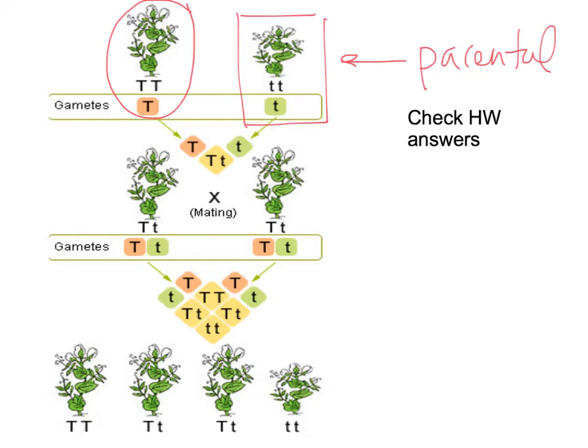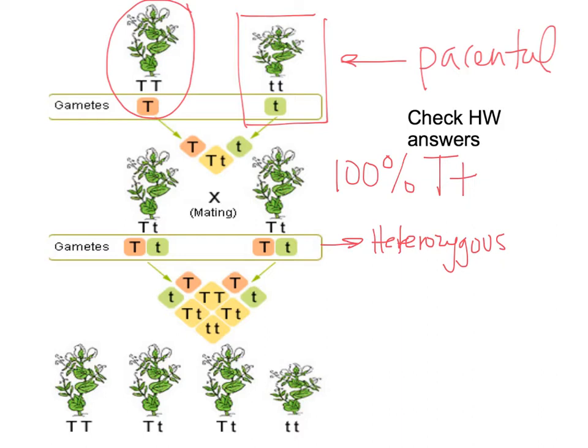And when we do that, we get 100% of the offspring here are heterozygous. So they have the dominant allele and one of the recessive allele. So these are heterozygous. And looking at your CC, this is also called the filial 1 generation.